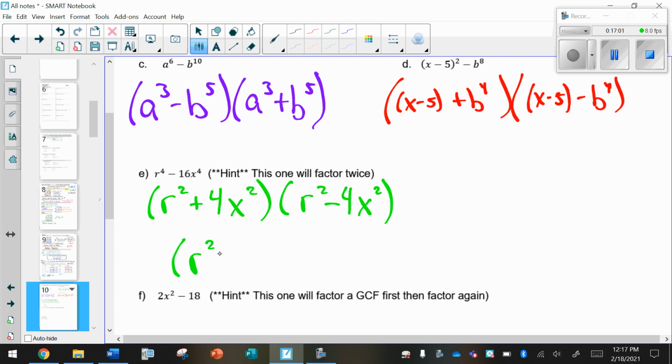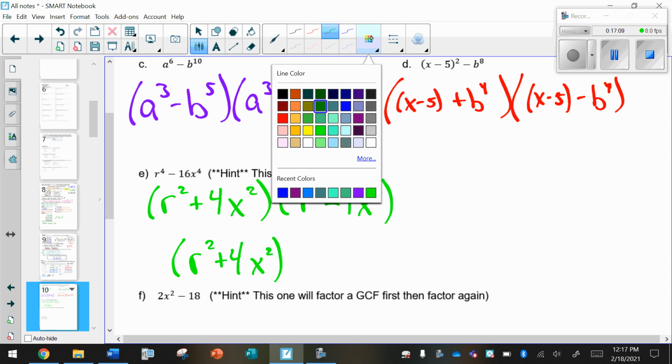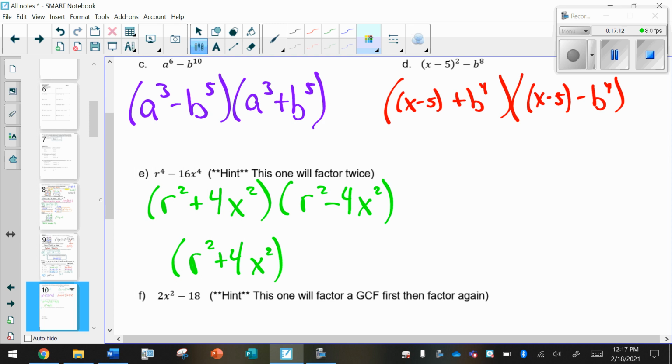So when you write your final answer, you'll bring down the r squared plus 4x squared. We can never factor with the plus sign. With a plus sign in between our perfect squares, there's nothing we can do, because in order for our terms to cancel out and disappear, it has to be subtraction.